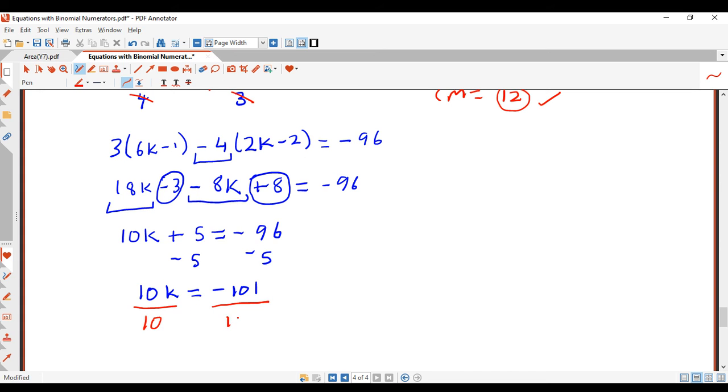Divide by 10. They cancel. So k is equal to minus, well, you could leave it as minus 101 over 10. In this case, divided by 10 is elementary, so minus 10.1 is okay. Or you could have left it as minus 101 over 10 if you wanted to.